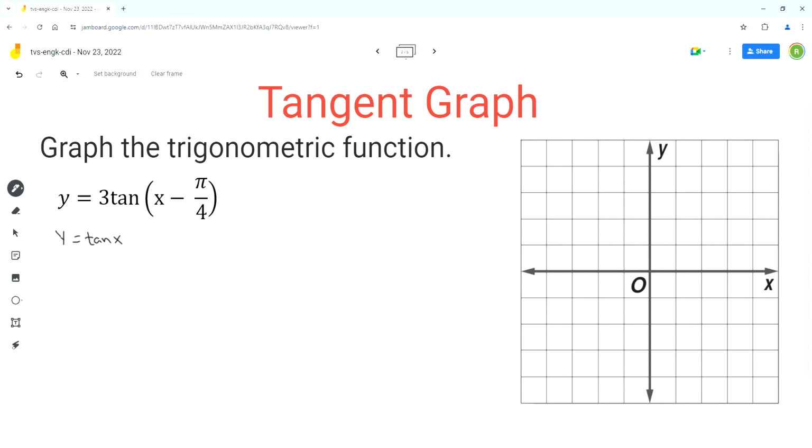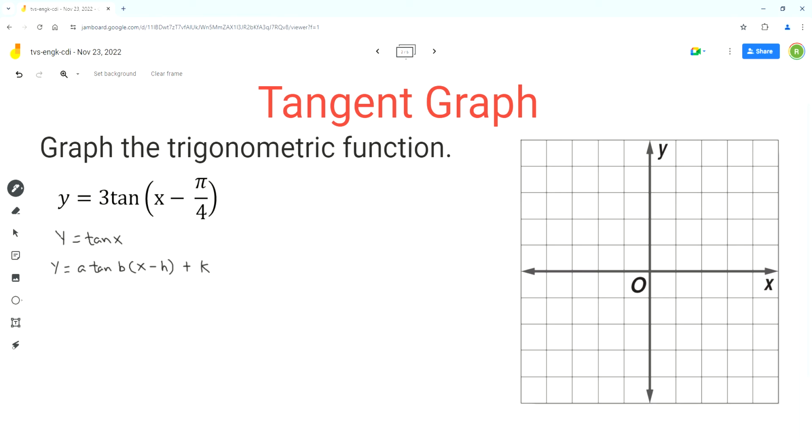The general equation of a transformed tangent function is shown here. Different teachers use different letters for the constants a, b, h, and k that I have used in my equation, but that doesn't change the rules for these constants.